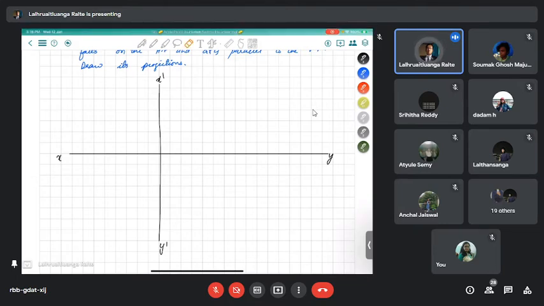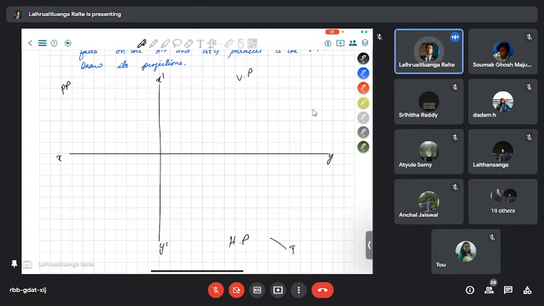When it is resting on the horizontal plane, it is parallel to the horizontal plane and also touching it, and we are going to see the profile on the profile plane. So this side we are going to have the profile plane, this side the vertical plane, and this side the horizontal plane. Or let's say this corresponds to the top view, the front view, and the side or profile view.